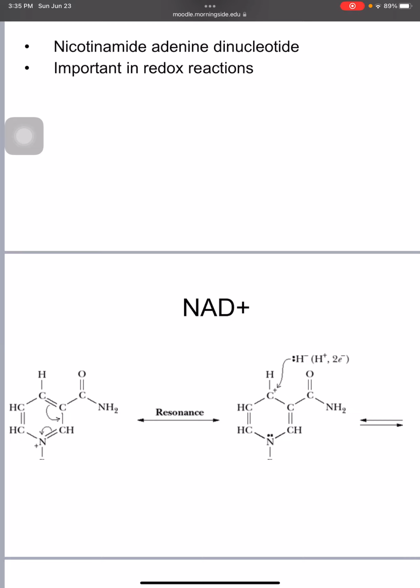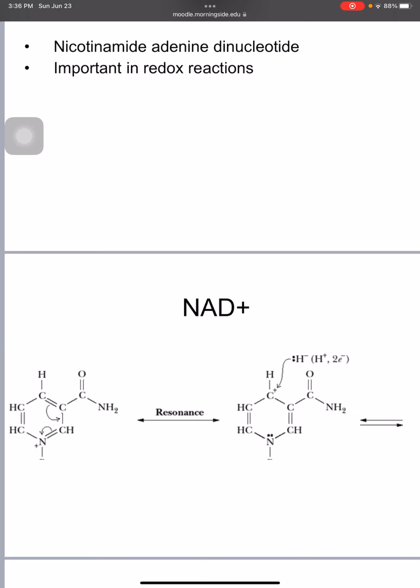Basically what happens in the reduction of NAD plus is that, for all intents and purposes, and I'm going to simplify this for you a little bit, a hydride is added to the structure. And that's H minus. That's H with a free pair of electrons and a negative charge. You can see it in this middle structure.